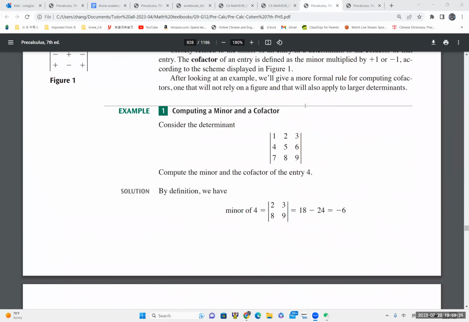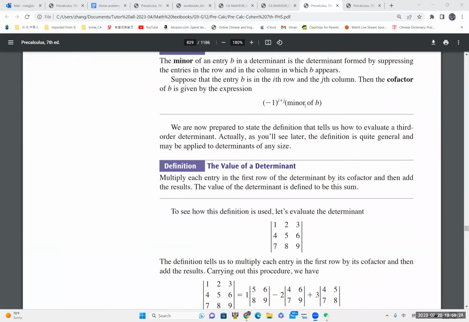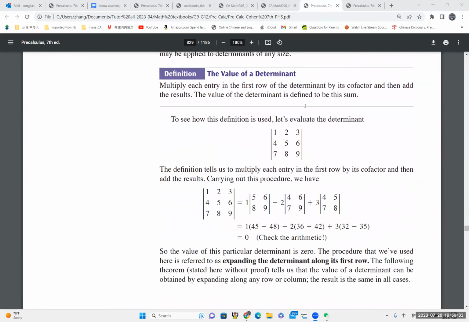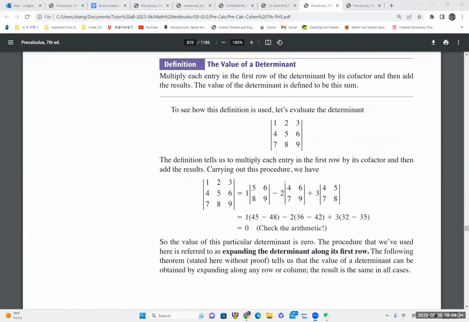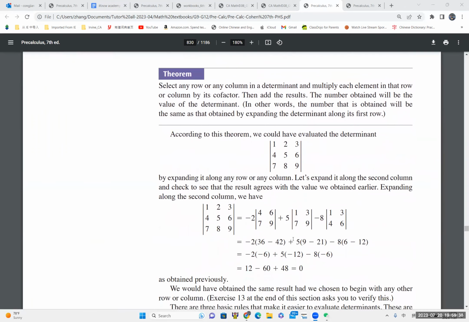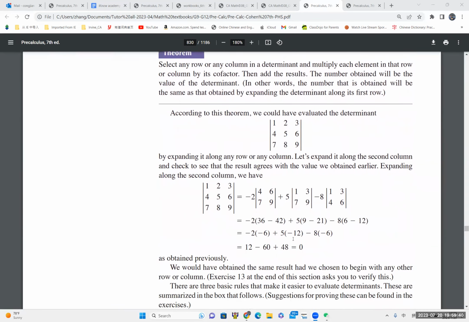They don't mention it very clearly, and they show it in an example. They just mean do row expanding.